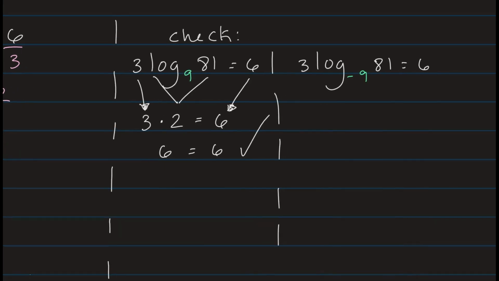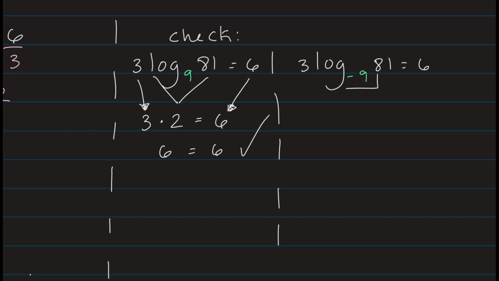Now let's go over here and check the negative 9 solution. We have log base negative 9 of 81 that we must evaluate. Now this should be a stopping moment, because we remember that we can never have a negative or a 0 as the base or argument of a log.